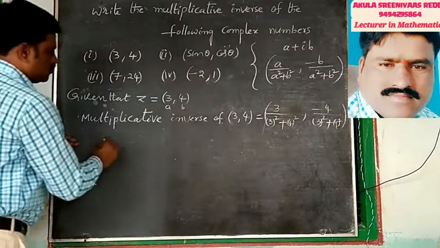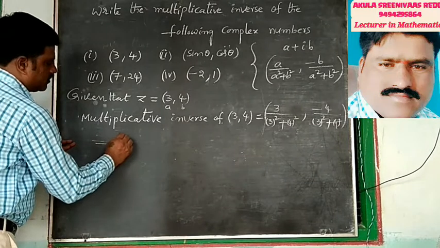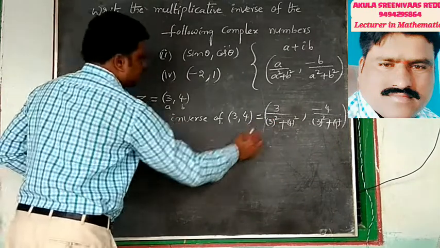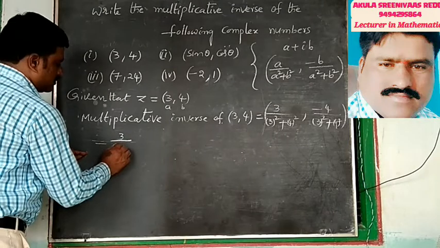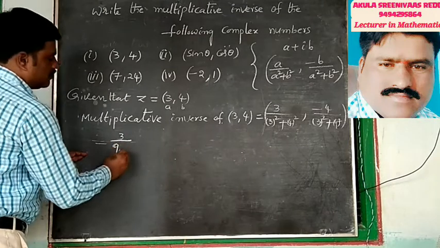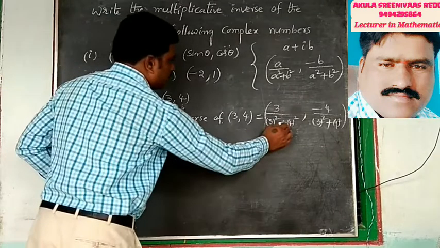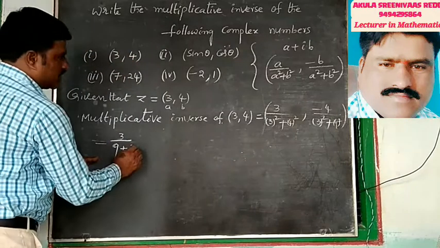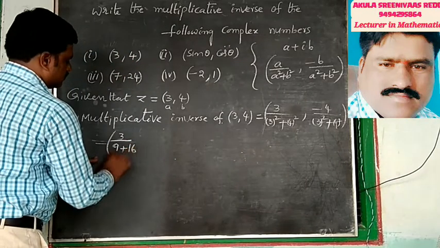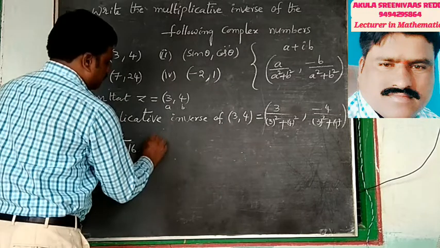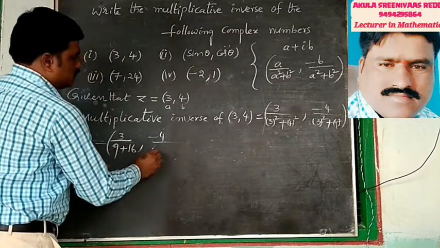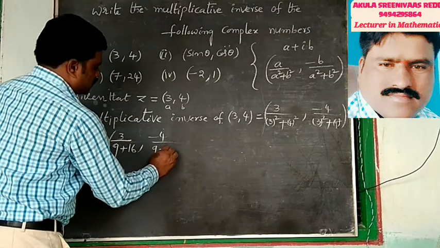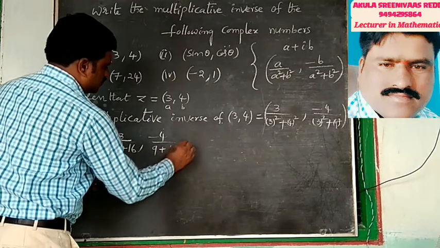That is equal to 3 by 3 square means 3 into 3, 9, plus 4 square means 4 into 4, 16, comma, minus 4 by 3 square means 9 plus 4 square means 16.